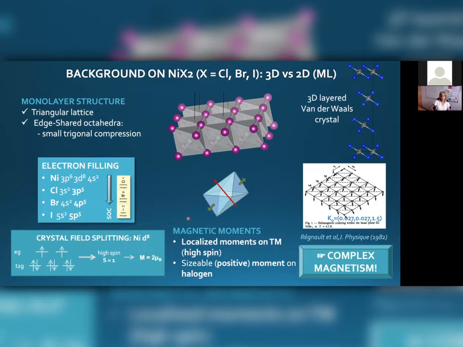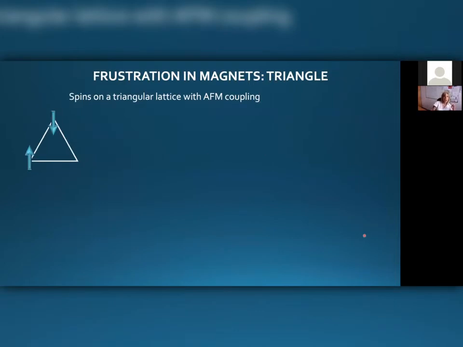And it is known from old characterization that the magnetism is very complex. So in the crystal, in the bulk, there is a complex helix, which was pointed out at the end of the 80s.